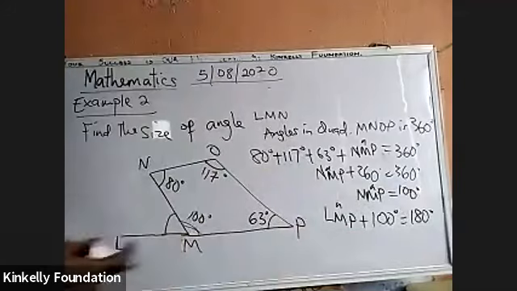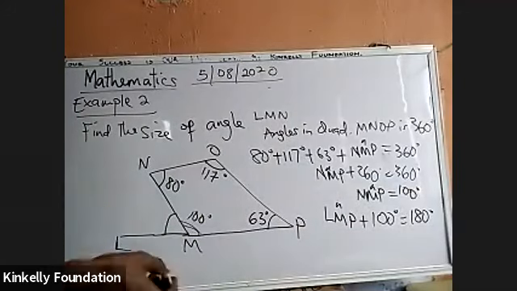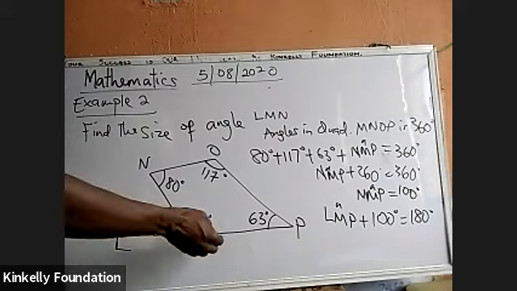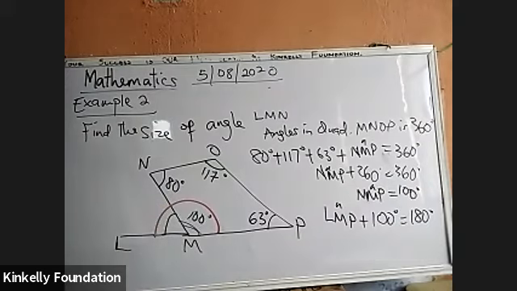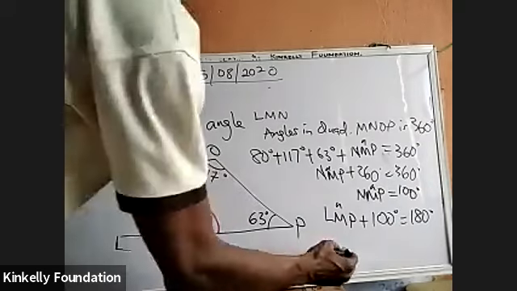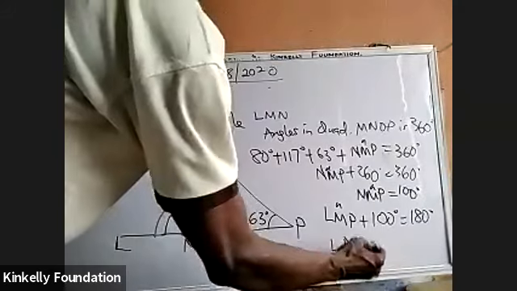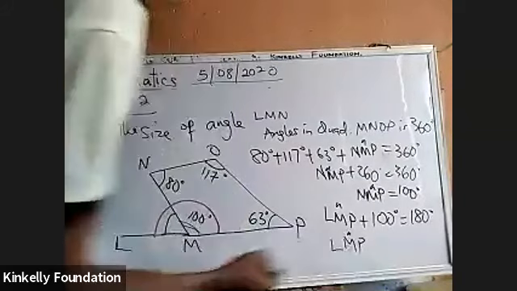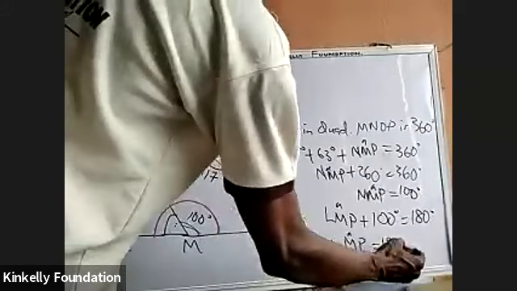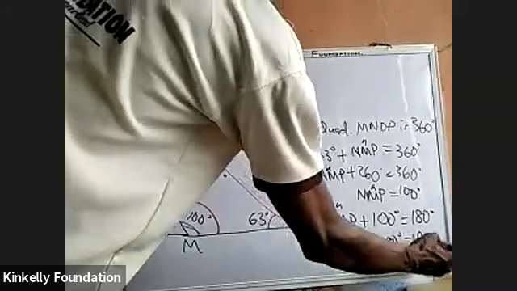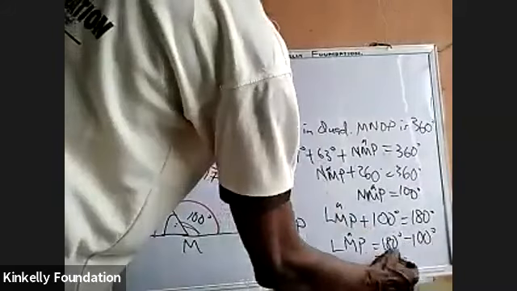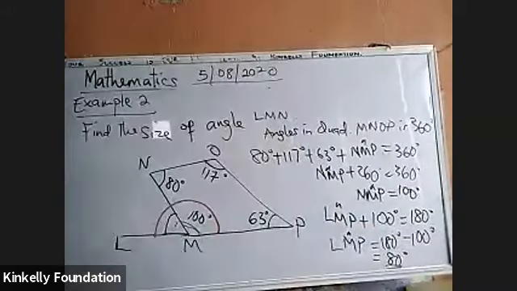That is angles on a straight line. Notice this is a straight line. So the angle we are looking for, angle LMP, is this angle here, which is 180 degrees minus 100 degrees to give us 80 degrees. That's the value of the angle we are looking for.